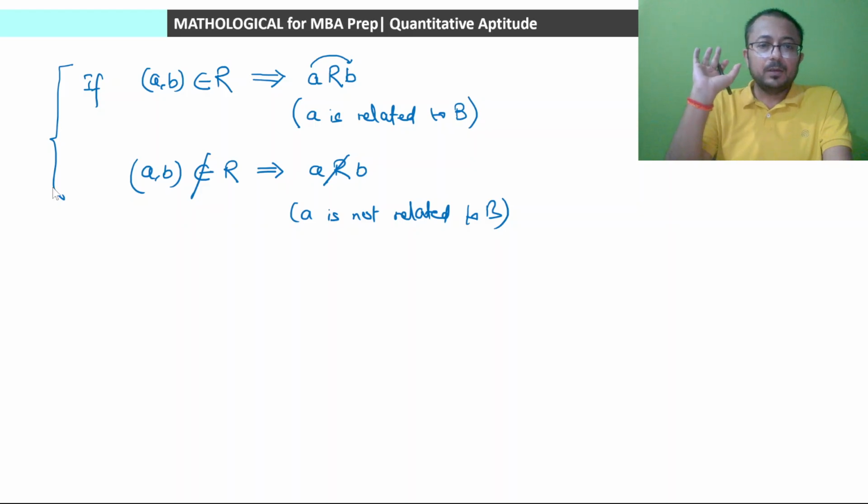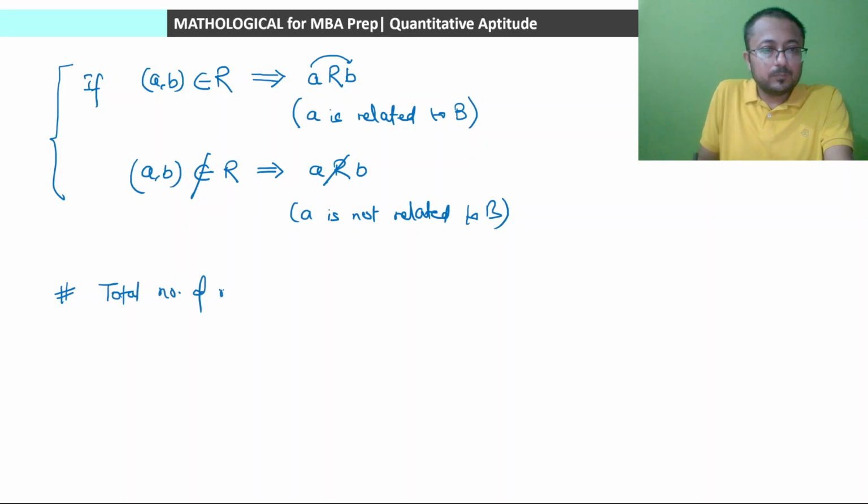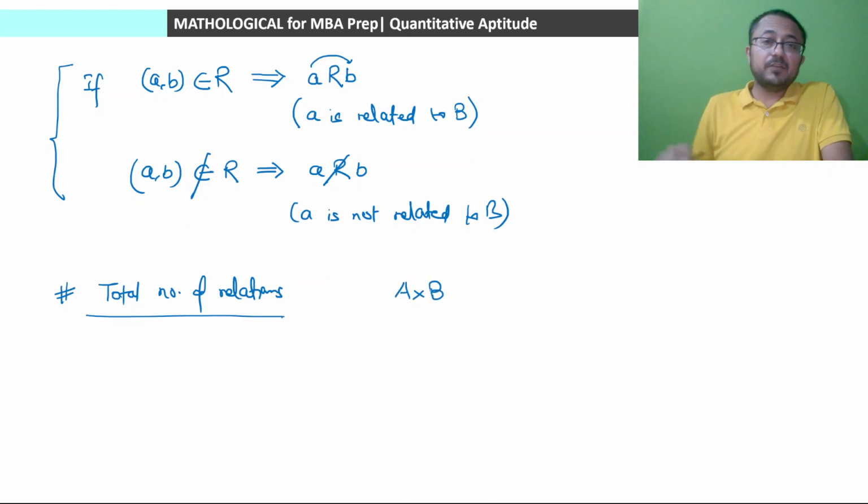ठीक है. So next part, total number of relations possible. So if we are taking Cartesian product A cross B, number of elements in A cross B कितना होगा?